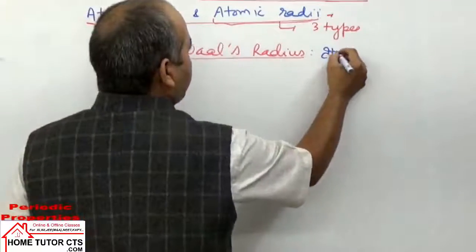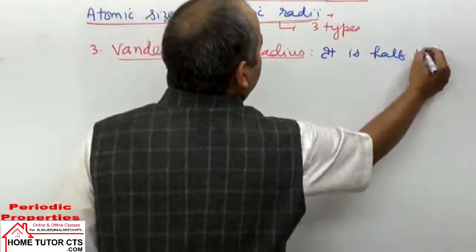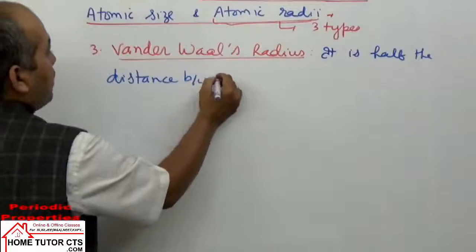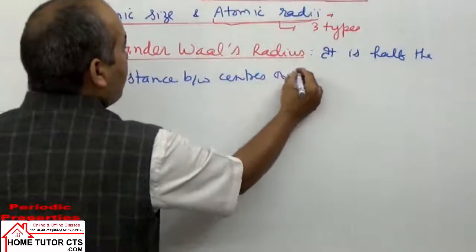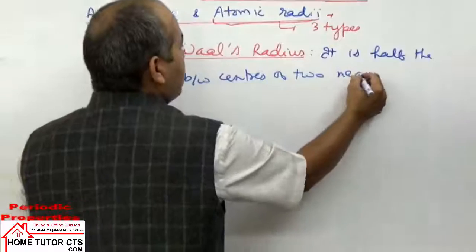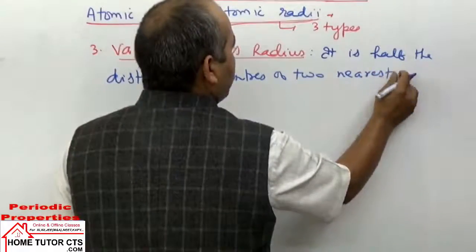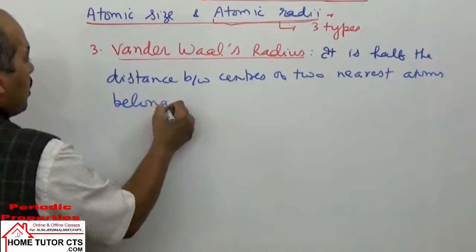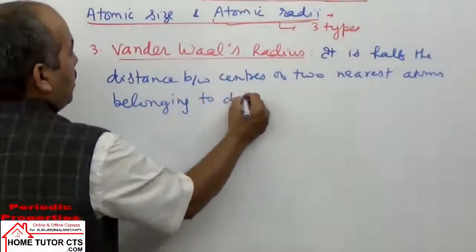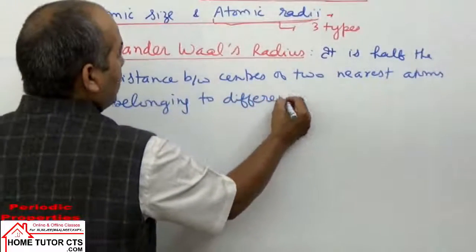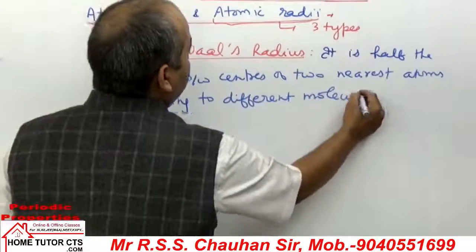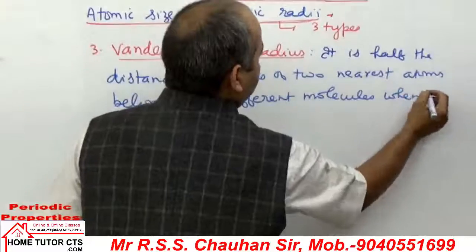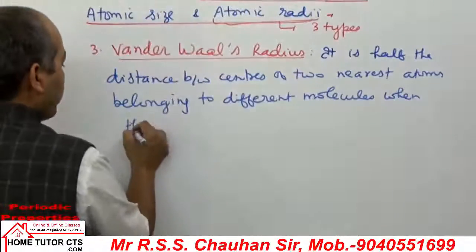It is half the distance between centers of two nearest atoms belonging to different molecules when the molecules are closest.